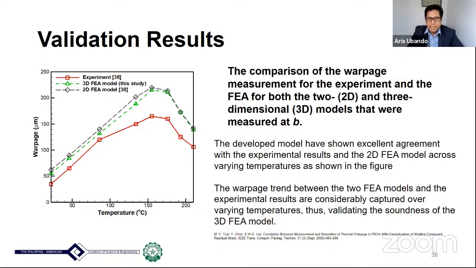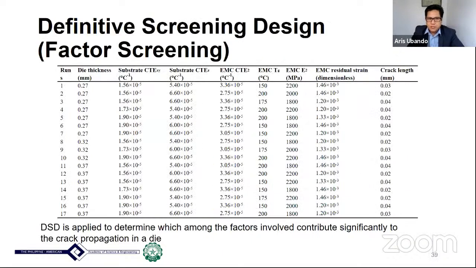Then we proceeded with the screening design. So this is the factor screening. What we try to do here is to consider first 8 factors. We have die thickness, the substrate CTE, which considers the movement X and Y axis, substrate CTE Z. We have the epoxy molding compound CTE, and also the glass transition of the EMC or the epoxy molding compound, as well as the modulus of elasticity of the EMC and the residual stress.